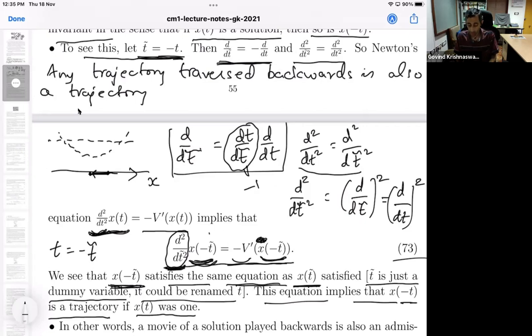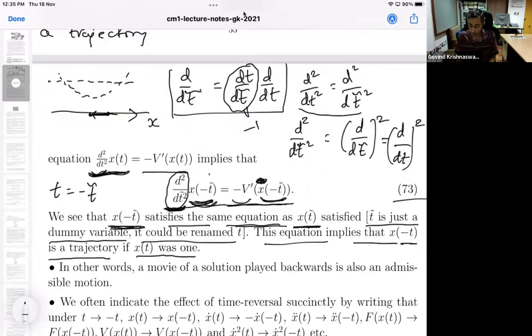Which in physical terms means you can take a trajectory and play it backwards in time. Play it in reverse, record it, play it in reverse, and that would also be a valid trajectory. Or in other words, a movie of a solution played backwards is also an admissible motion.